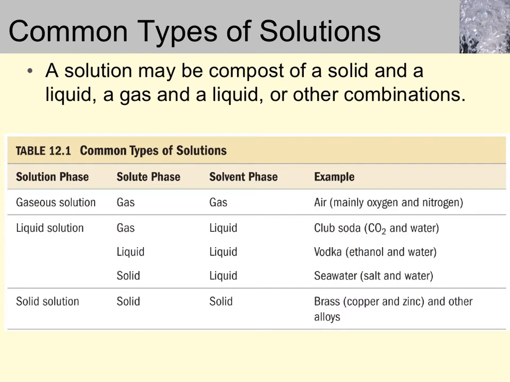So here we come to where it can get confusing what the solute and solvent are. You probably think of solutions as dissolving a solid solute in a liquid solvent. That's probably the most common. However, a solution can have any combination of phases as long as one dissolves or totally assimilates with the other one.